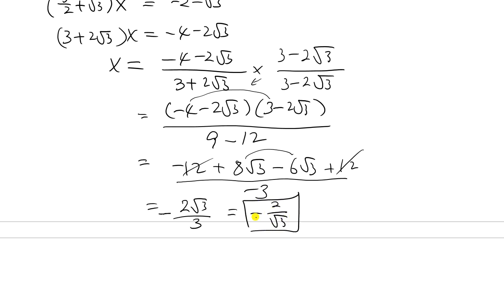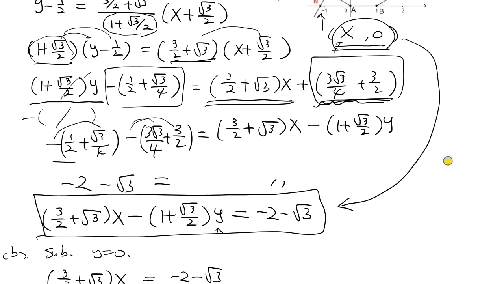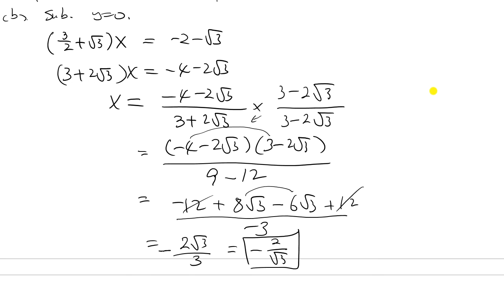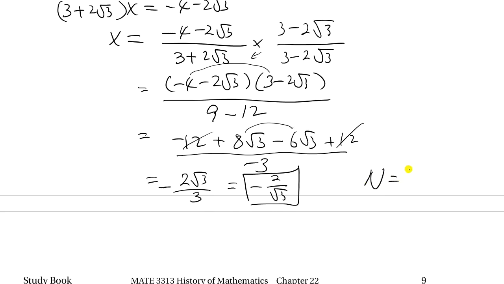I think that's the simplest version. So the coordinates of that N is going to be (negative 2 square root 3 over 3, comma 0). And we are going to need this one to calculate the measure of that line segment later.